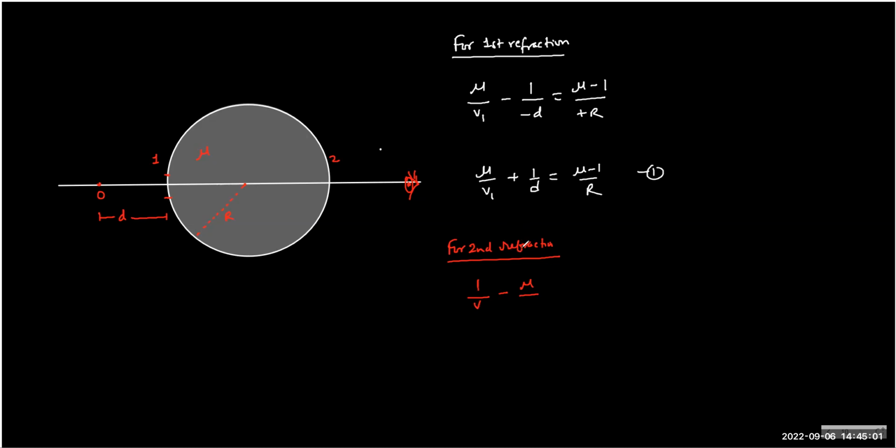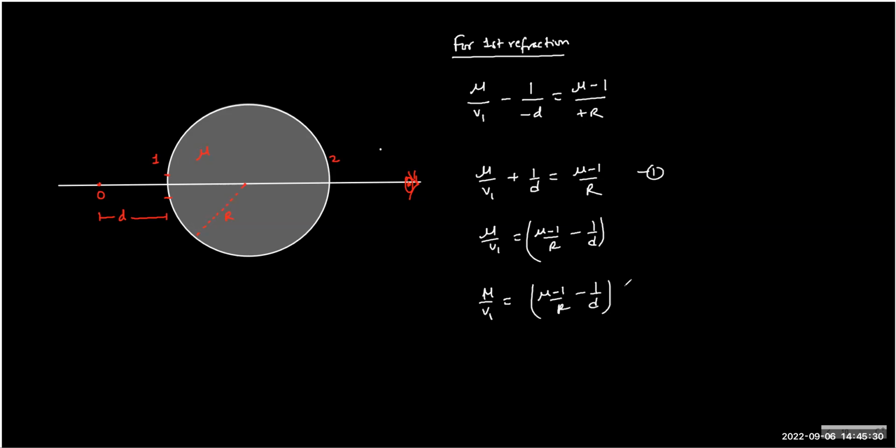So let's say I choose V1 as positive, what does it mean? Let me write down one more time. We have to write the refraction formula again. So what is mu by V1? Let's say this is mu minus 1. I don't know the sign of this, but let's call it positive.